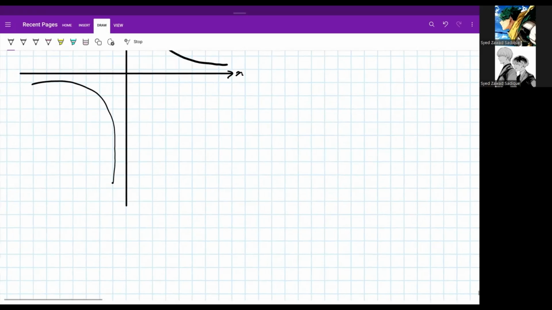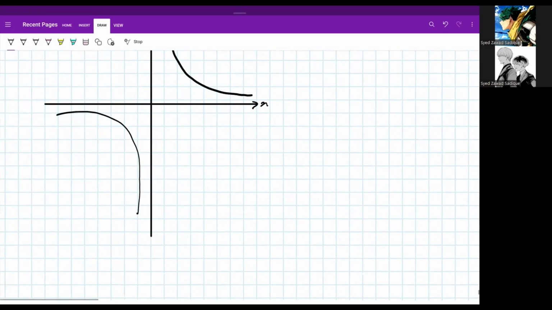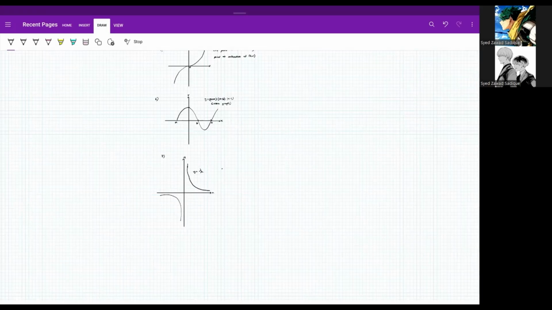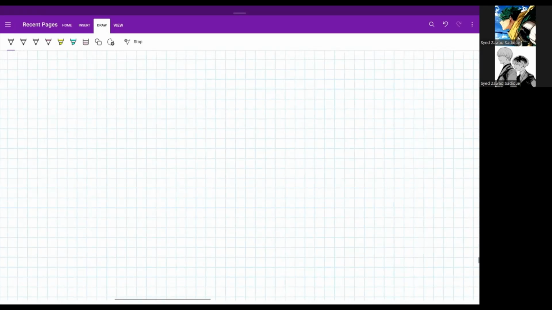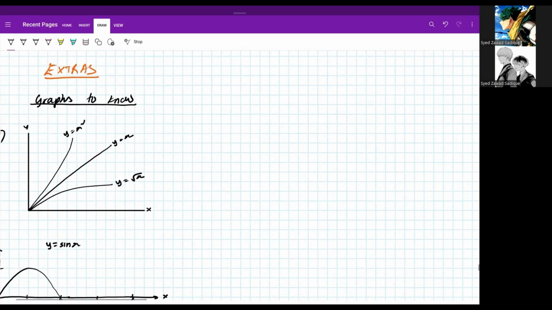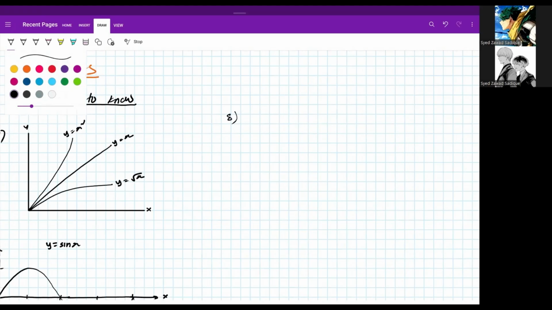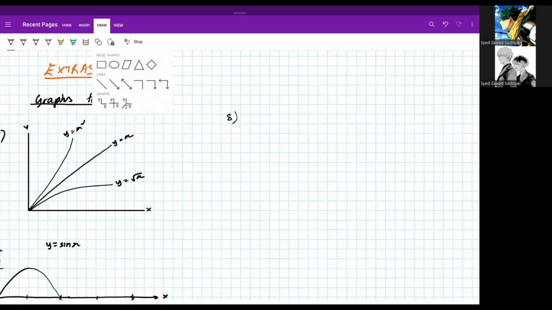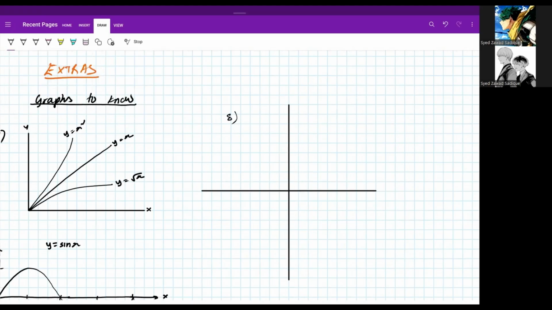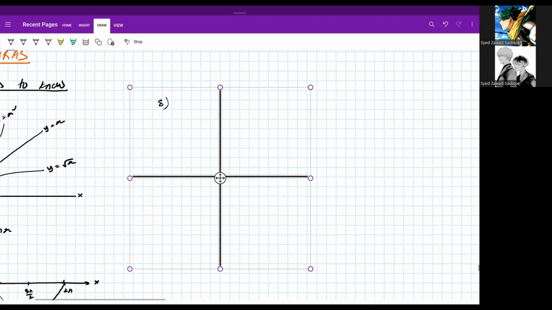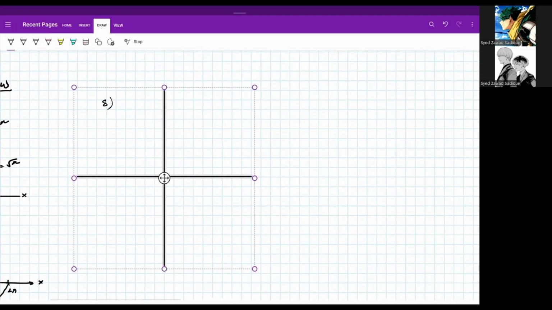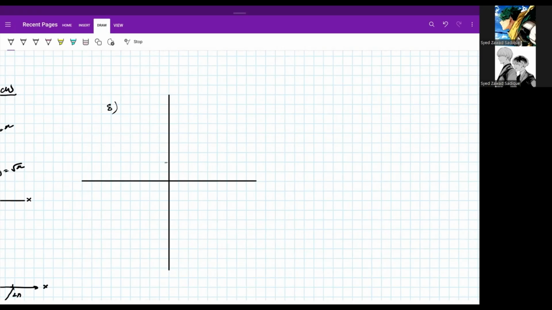And then, okay. Let's take number 8. Now, this is exponential graph. Say this is, so this is 1.